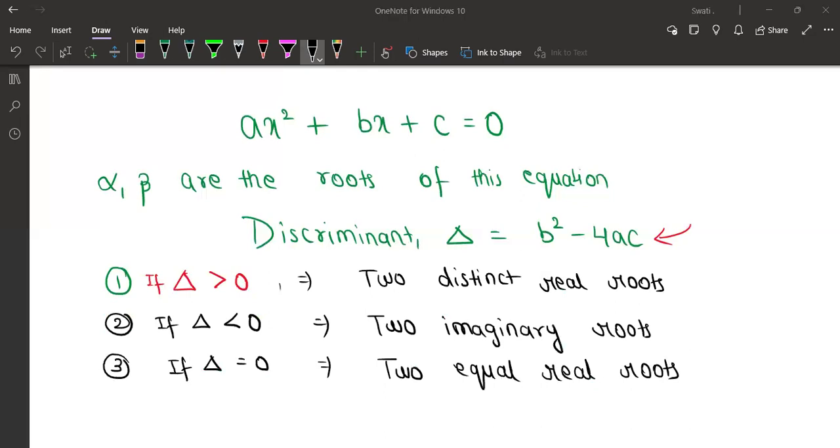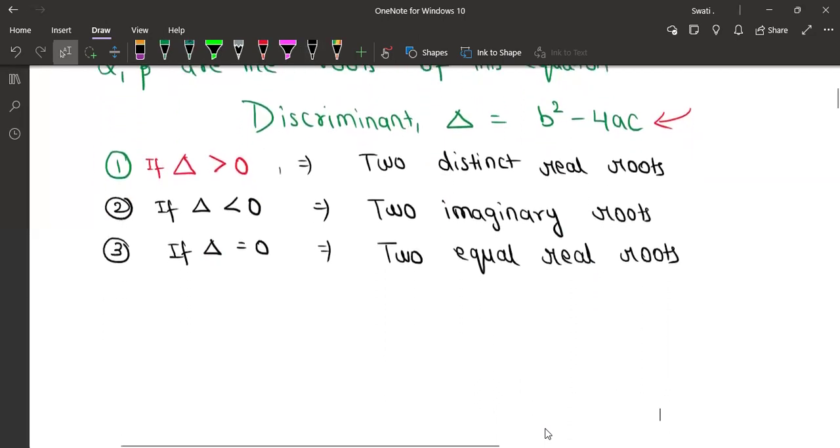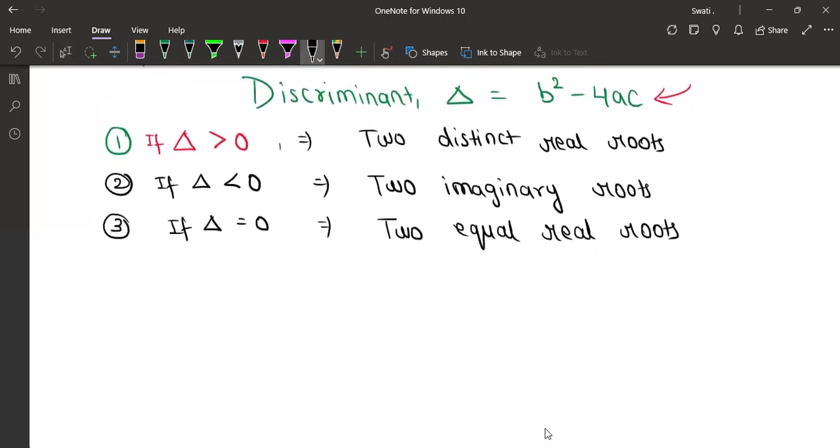Now, I just want to tell you one more thing: when we have a quadratic equation given, there are two ways to find the roots of the equation. The first way is to do the middle term split. If you want to understand how exactly we do the middle term split, please let me know in the comment section.